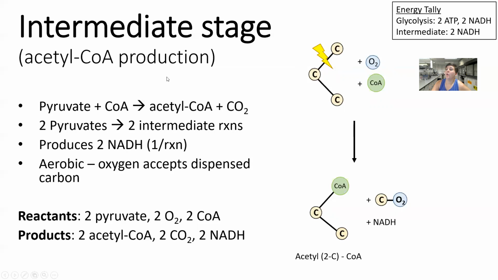Okay, so what we're starting with in the intermediate stage is the product of glycolysis, which is a 3 carbon pyruvate. And what we're going to do is break a bond in that 3 carbon pyruvate. This releases a carbon. We don't really want carbon hanging out.